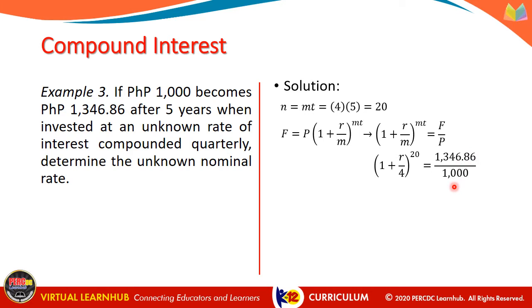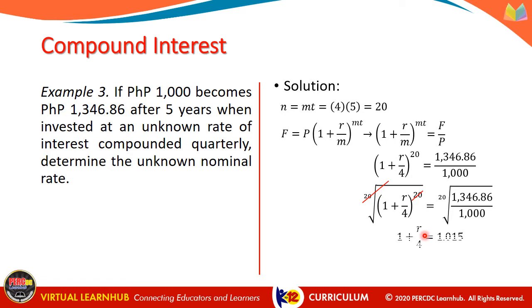1346.86 over 1000. Next, let's get the 20th root of both sides of the equation. 20th root of 1 plus r over 4 raised to 20 is equal to the 20th root of 1346.86 over 1000. We can cancel the 20th root and the exponent 20 on the left side of the equation.